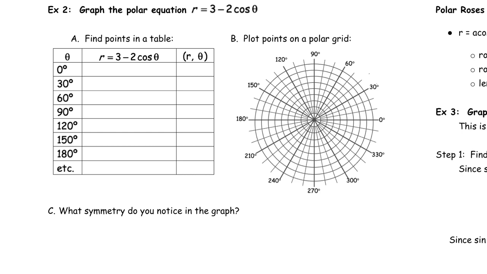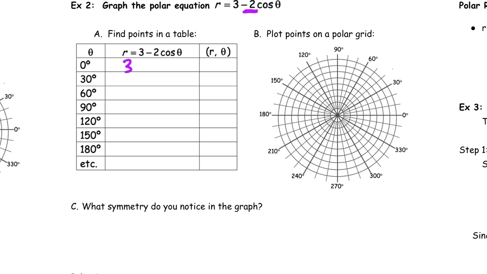In this case, is it going to be left, right, above, or below the pole? Should be left of the pole. Cosine already gets rid of the above and below, correct? And then we just got to look right here. Is the number next to cosine positive or negative? If it's negative, then it's going to be left of the pole. So now we have an idea of what we're graphing, which will help us tremendously.